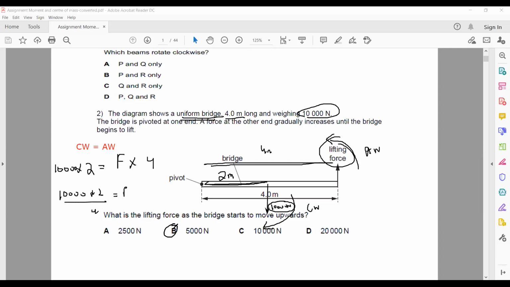When you solve, you will get 5,000 Newton as the force required to lift this object. Is it clear? So whenever you're solving a question related to a moment, you will assume that the object's clockwise and anti-clockwise moments are equal or same.